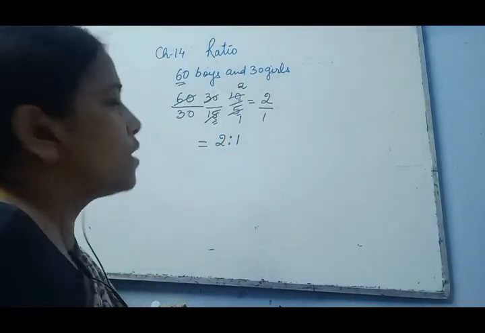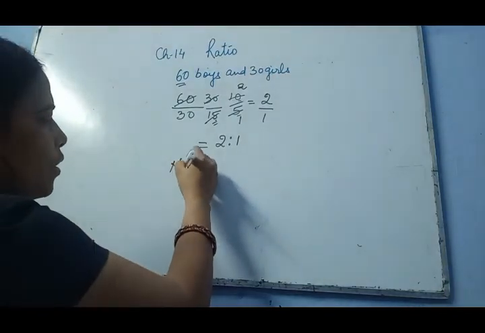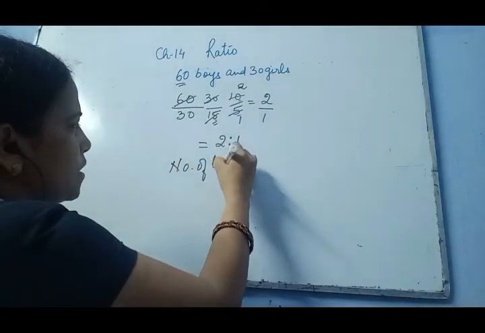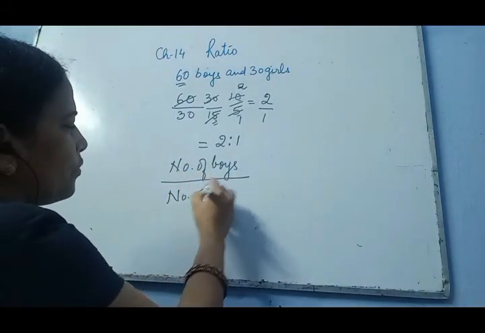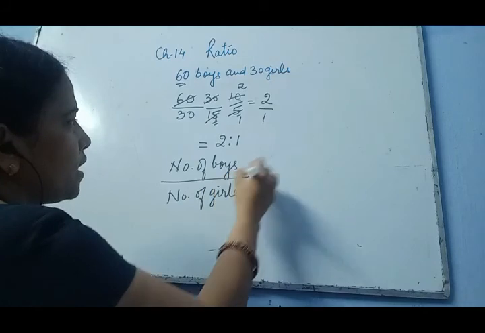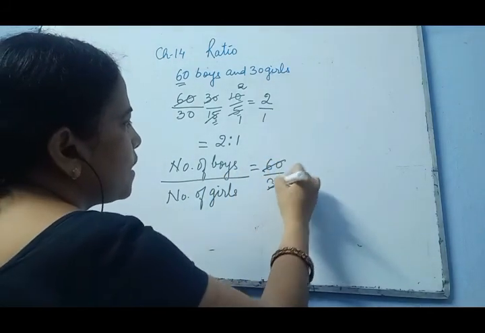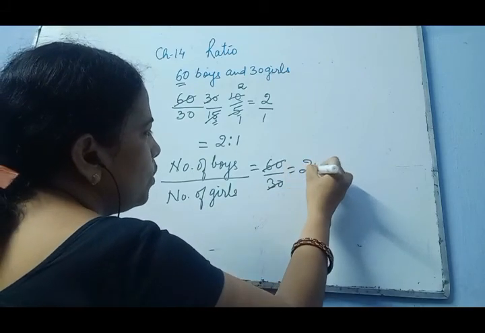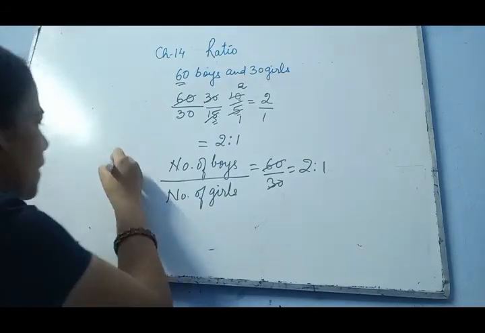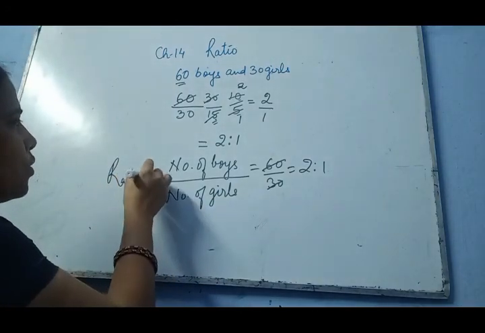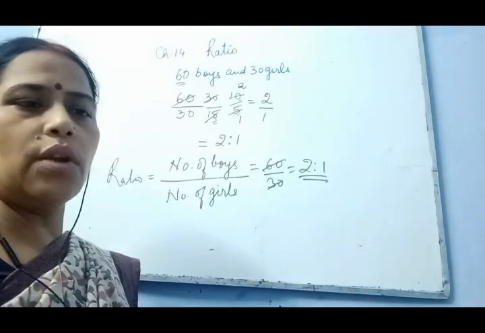So the ratio of the number of boys to the number of girls is 60 by 30, which is equal to 2:1. We will write it like this, 2:1. The ratio we got is 2:1.